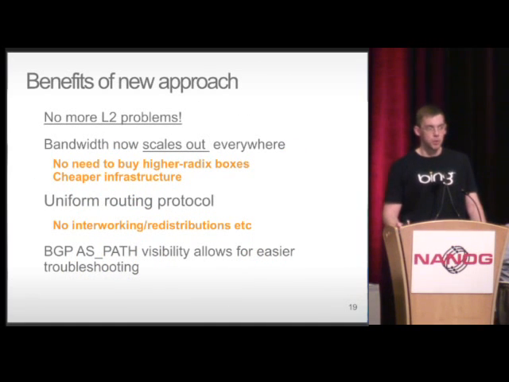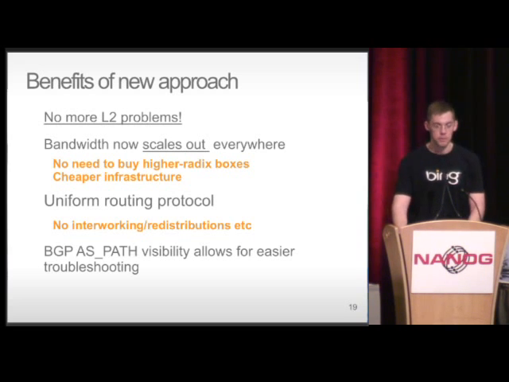Of course, our biggest win was we no longer have any L2 issues, because the majority of our support and operational issues have been tied to broadcast storms, unicast storms, anything which is specific to Ethernet. And now we can grow capacity horizontally by simply adding more and more boxes in the spine or leaf layer. You can increase capacity as much as you want.